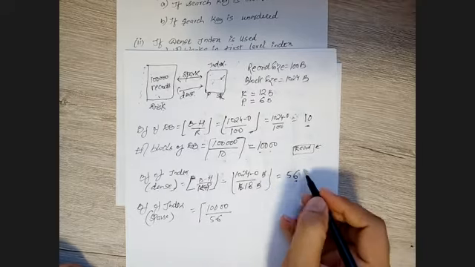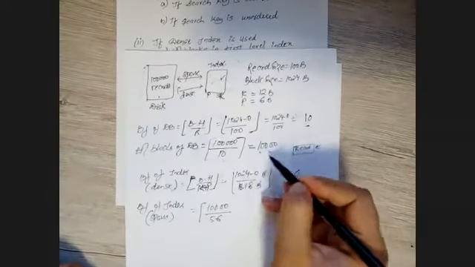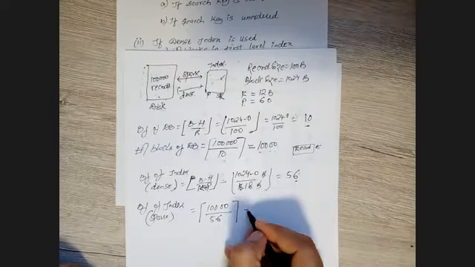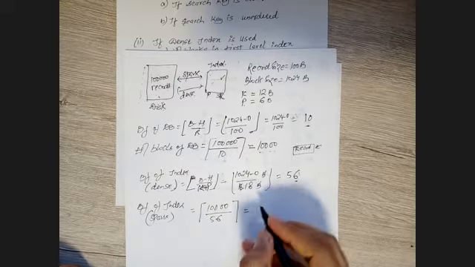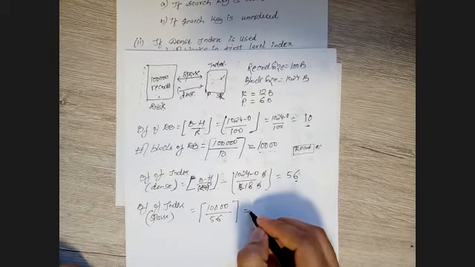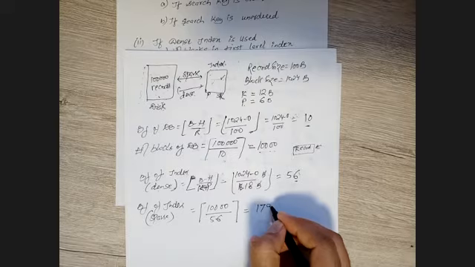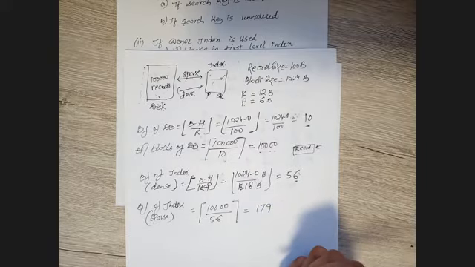So if 56 records are there and we have these many blocks, that is 10,000, then what should the block factor be in that case? Its value should be around 179. These are 179 blocks.